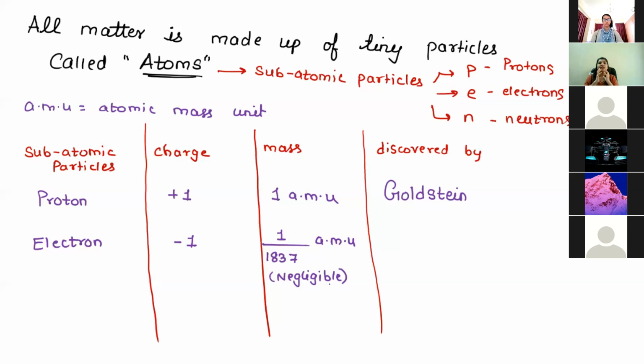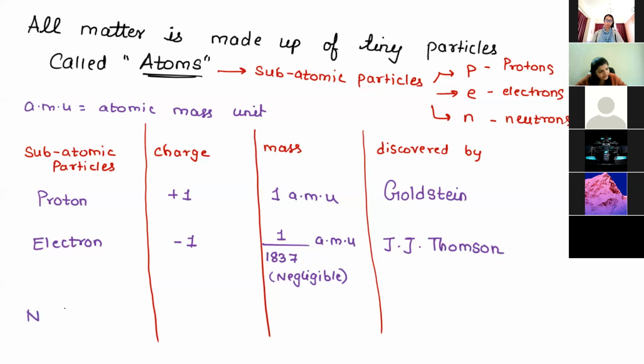So when you actually count the mass of an atom, it is protons plus neutrons. You count the mass of protons along with neutrons, but the electron mass is not calculated, because it is very, very small. Electrons were discovered by J.J. Thomson.